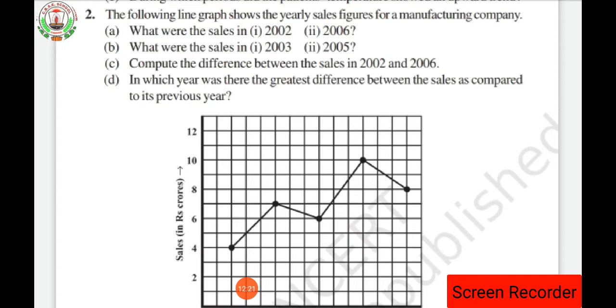That means you have to compare, how much difference there is from 2002 to 2006, so you have to subtract the values. Then in D part, in which year was the greatest difference between the sales as compared to its previous year? So we have to see the difference by looking at the graph.